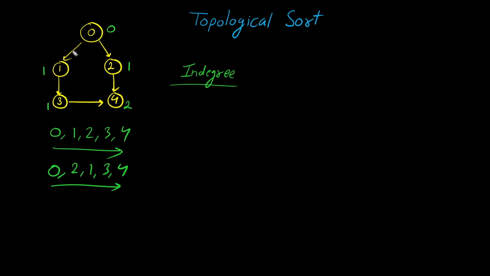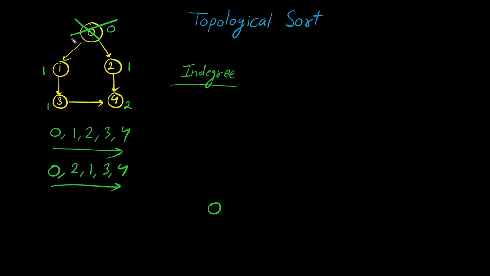So once the in-degrees are assigned, in the next step, we are going to remove all the nodes which have an in-degree of 0, which means this 0, which has an in-degree of 0, we can remove it. When we remove it, we can put it as part of our response that 0 is the first in the order.